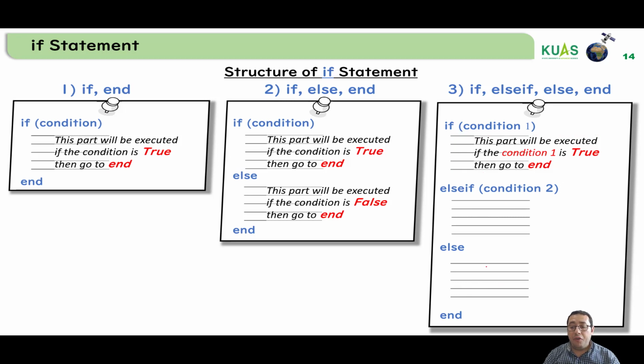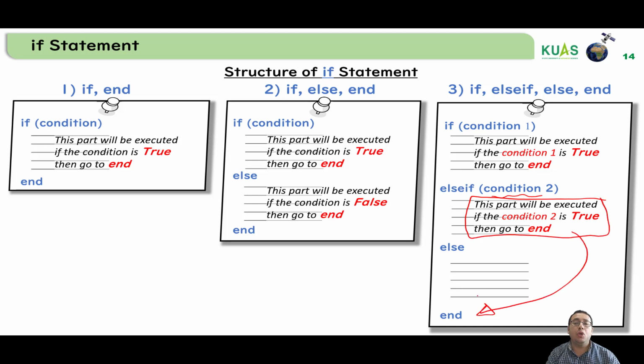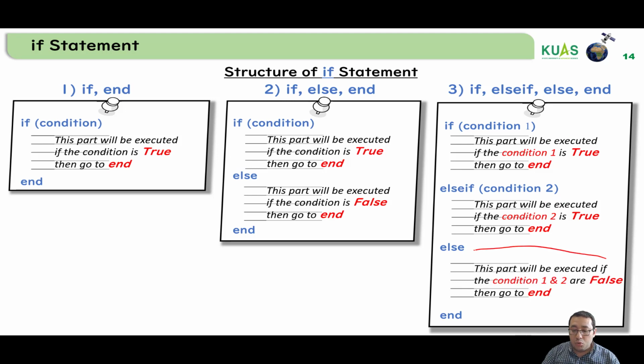What if the first condition is false? Then it goes to the second condition and checks it, and if the second condition is true, this part will be executed and after that it goes to end. What if the first condition is false and the second is false, so both conditions are false? In that case, this part will be executed, and then go to end.